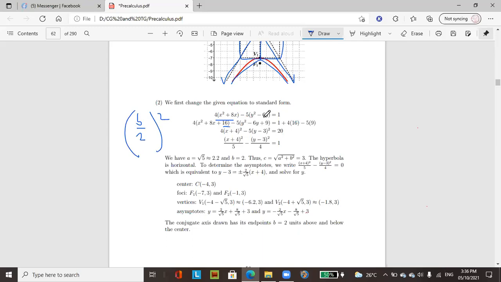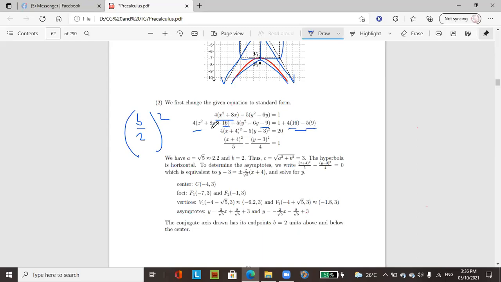Negative 6 divided by 2 is negative 3. And negative 3 squared is positive 9. Again, kung unsa atong gi-add diri, maura po atong i-add diri. So nag-add ta diri 4 times 16. Then nag-add po ta diri negative 5 times 9.